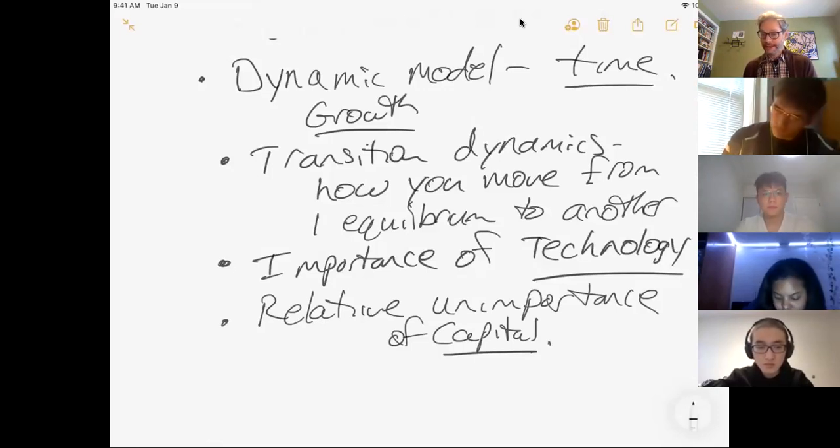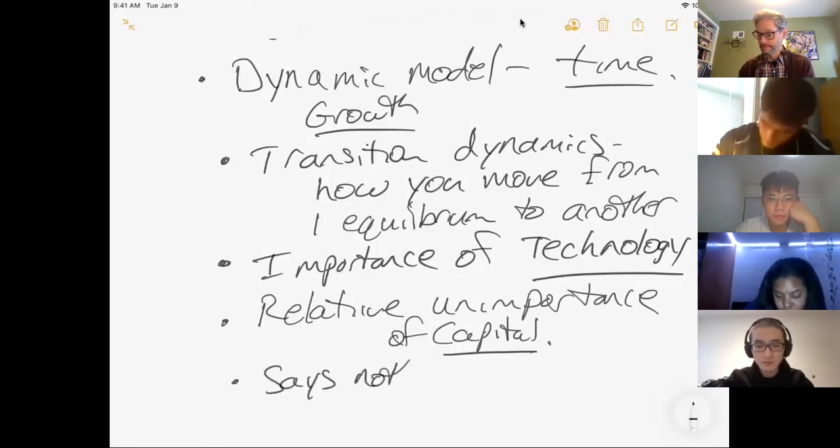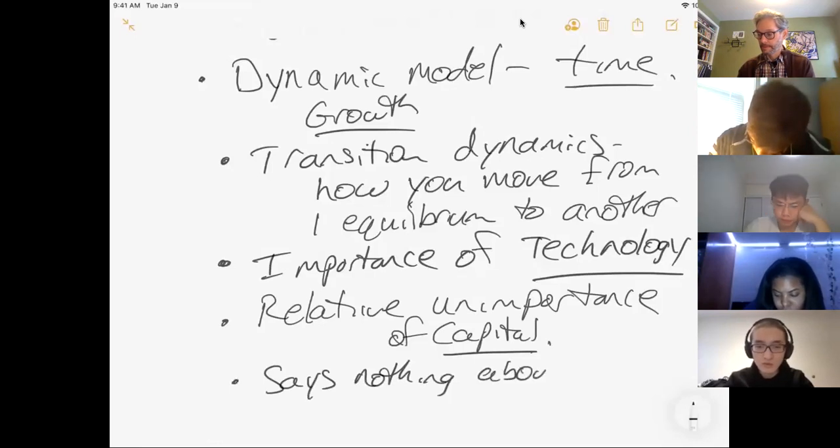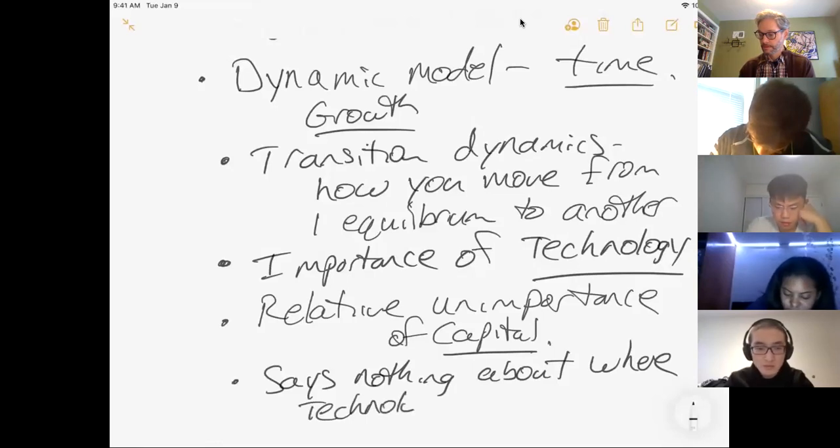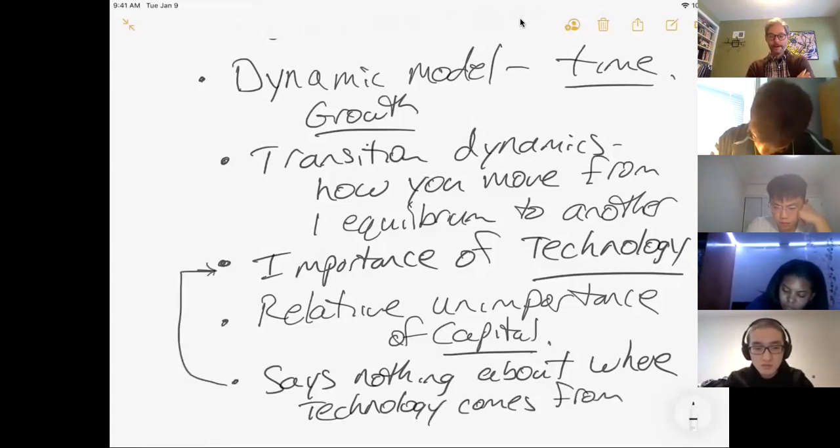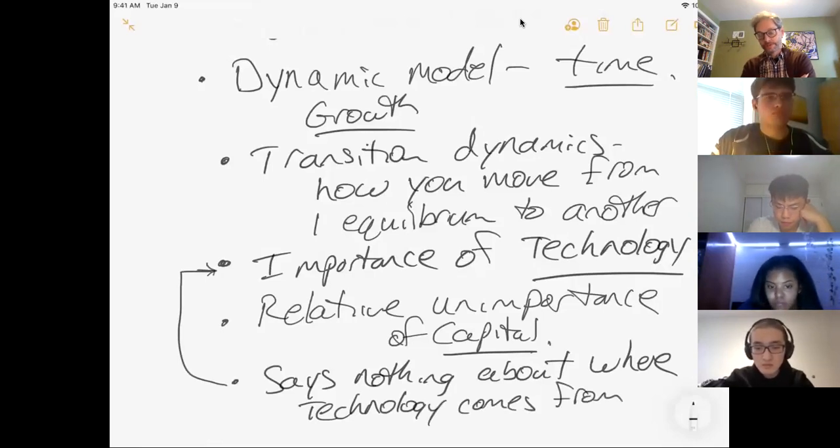However, as we're going to see, technology is important, but one of the big limitations of the Solow model is it says nothing about where technology comes from. So that's one of the, how would you say it, ironic things about the Solow model, is that Solow says technology is crucial to growth, but yet Solow doesn't really have much to say about where technology comes from.